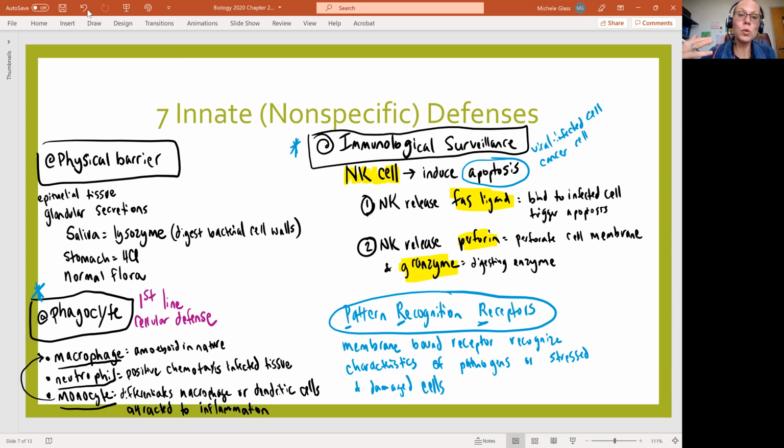So this is the tool that both of these groups of cells can use to recognize which cells need to have apoptosis, and which cells we can phagocytize.